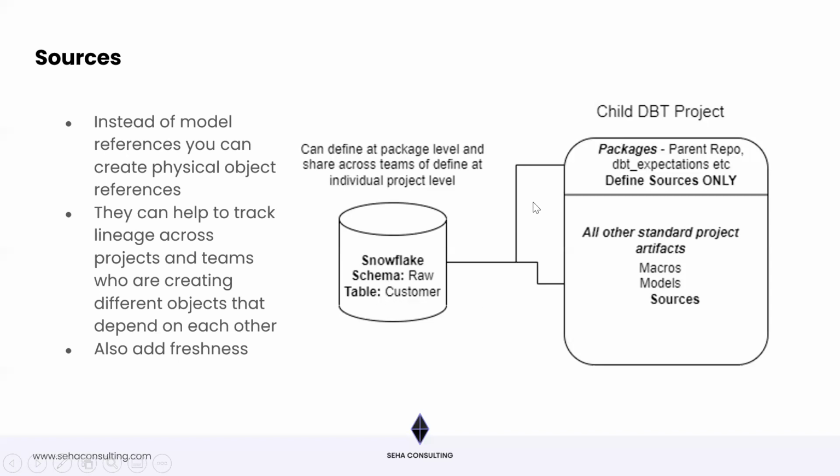That raw table I bring in as a package, and I only define it as a source. I don't have models and whatnot. I can have that in my parent repo connected to my child repo in my project, or I can bring that directly into my child package and use that in my development.